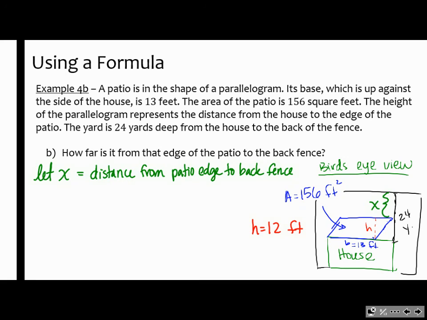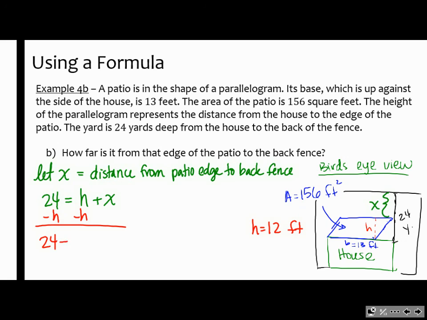Okay, so what I know is that the total distance from the house to the back fence is 24, and 24 would be the height of the patio plus X. And you know what, let's solve the literal equation. Let's subtract and solve for X.